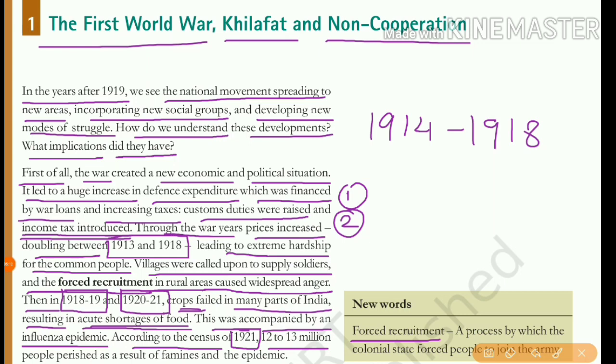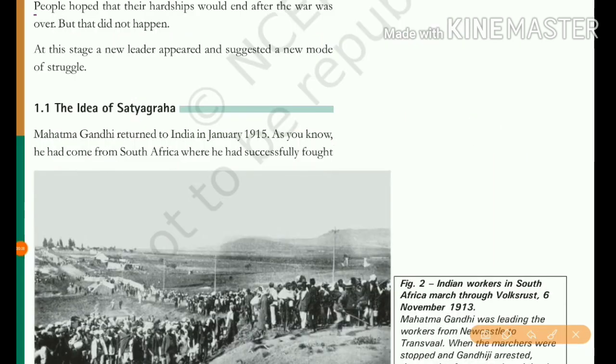Famine means a severe shortage of food, and the epidemic refers to the diseases. People hoped that their hardships, their difficulties and problems, would end after the First World War was over, but that did not happen.